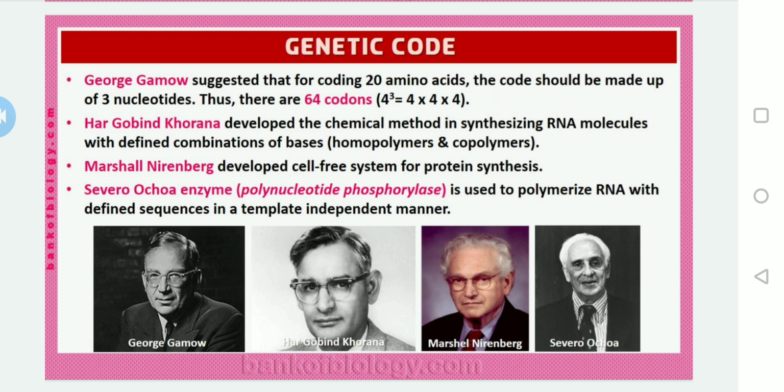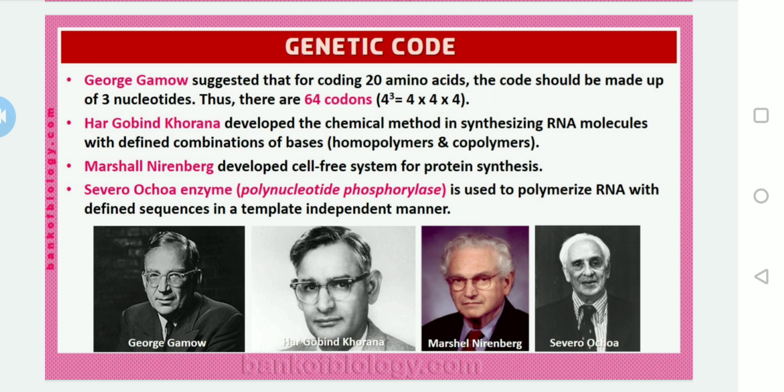Thus there are 64 codons present. So the total number of codons is equal to 4 to the power of 3, that means 4 into 4 into 4. 4 fours are 16, and 16 fours are 64. This is how George Gamow suggested the coding of the 20 amino acids.